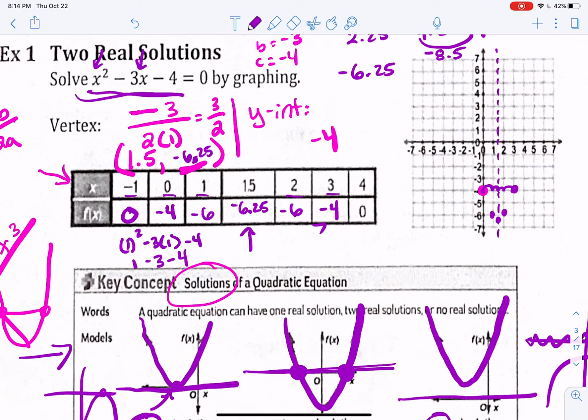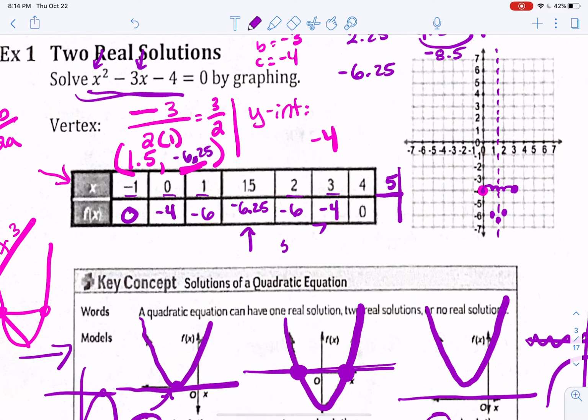Let's see. That doesn't really tell me where my x-intercepts are, though. Let's do one more. Let's do 5. Let's plug 5 in and see if it comes out to be what we want. I'm going to add one more to the table.